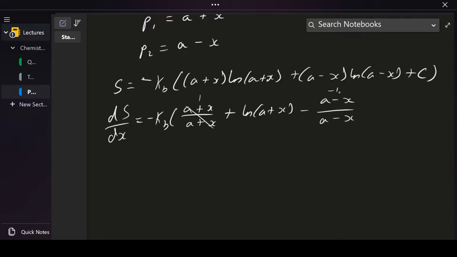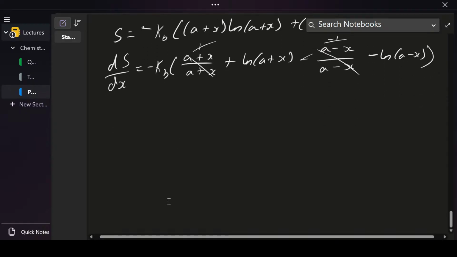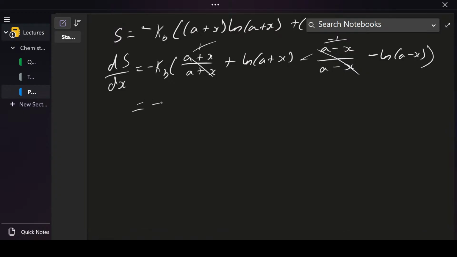So this is going to give me negative 1. And so these two are going to cancel out. And then the second term here is going to be subtracted of A minus x, and this plus C is going to disappear. I'm just going to write this out more neatly. So I've got negative kB times ln(A plus x) minus ln(A minus x).